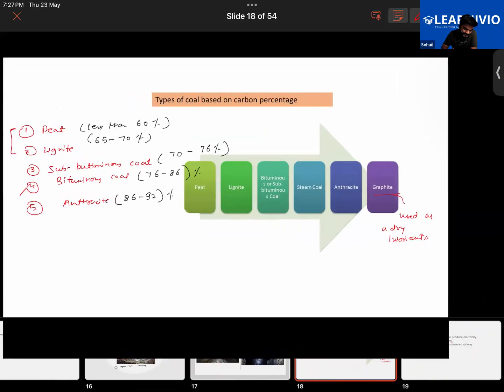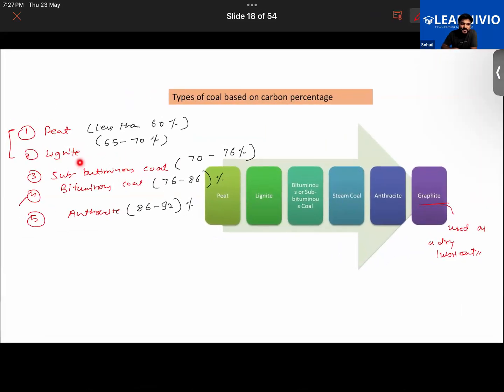You have peat, lignite, but you also mentioned subbituminous. You can count both of them together, like subbituminous or bituminous. Still, it is fine. If you mention subbituminous, then after lignite you will first write subbituminous, then bituminous, and then anthracite. Those of you who answered in this order, your answers are correct.